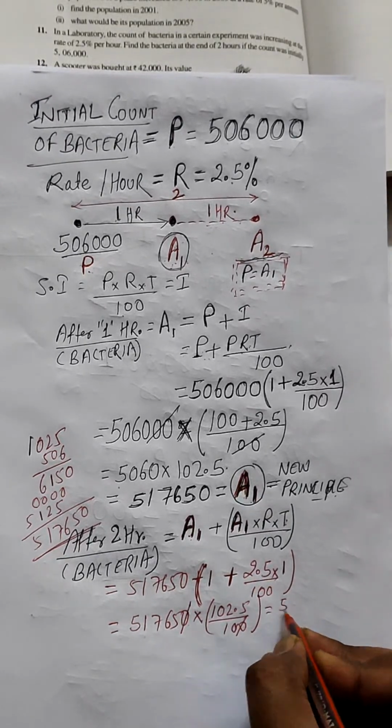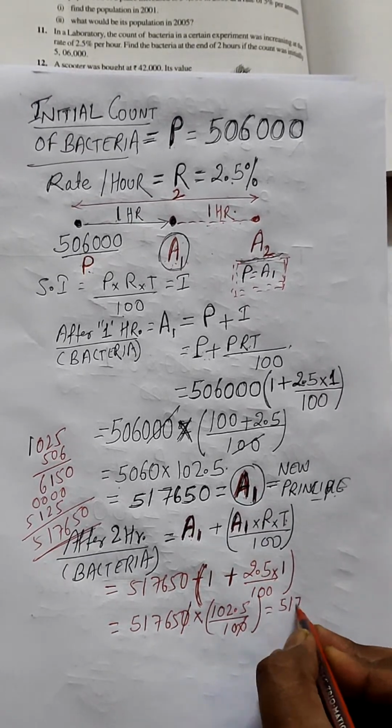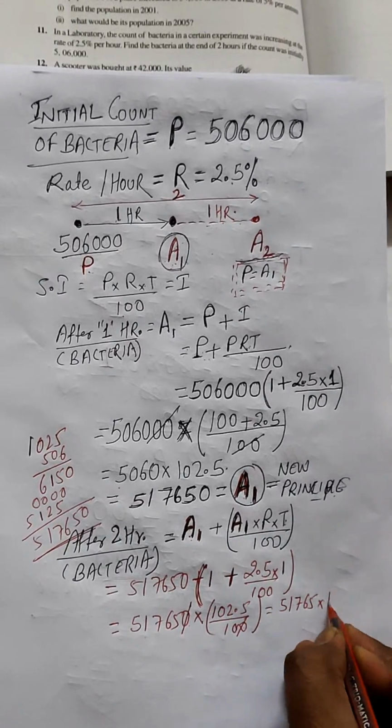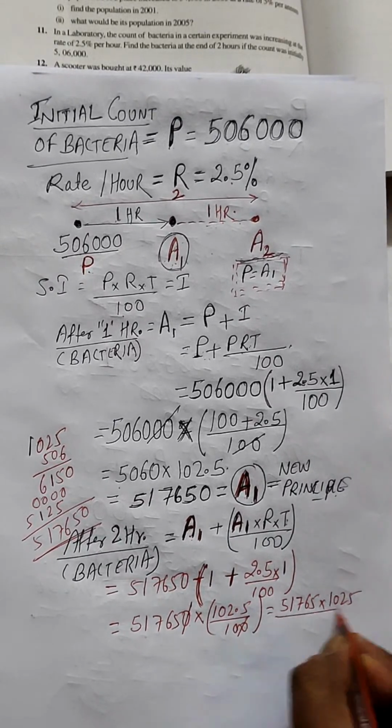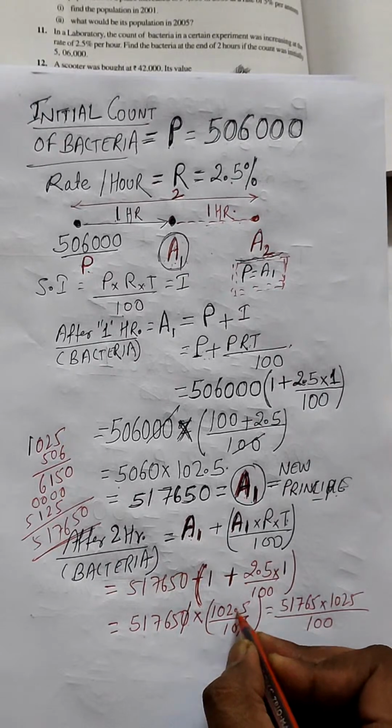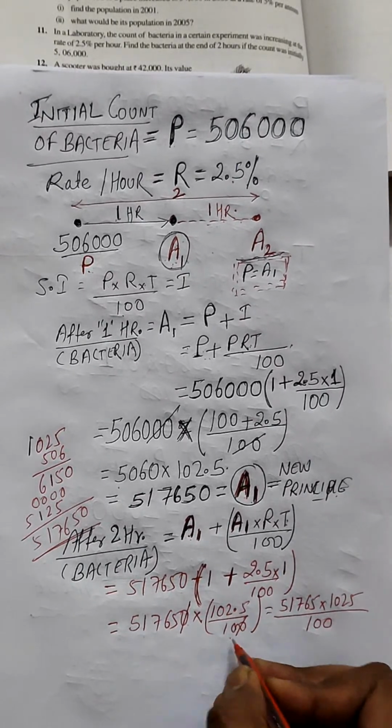That means 51,765 into 1025 divided by 100, because we have converted the decimal into this.